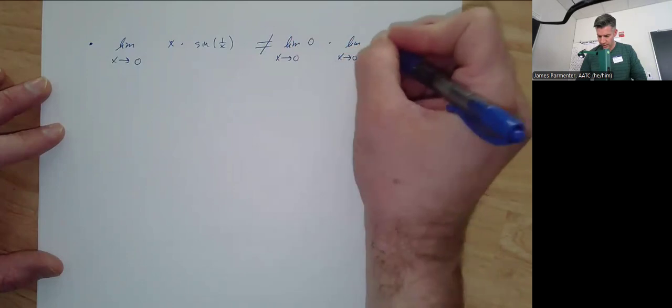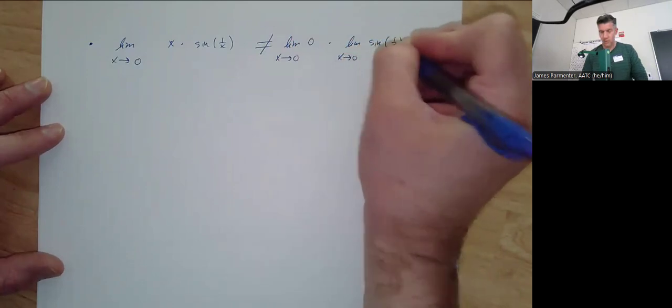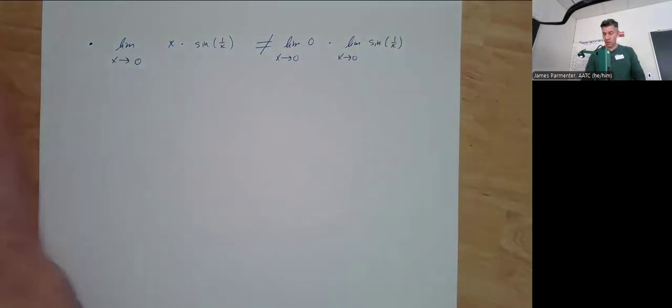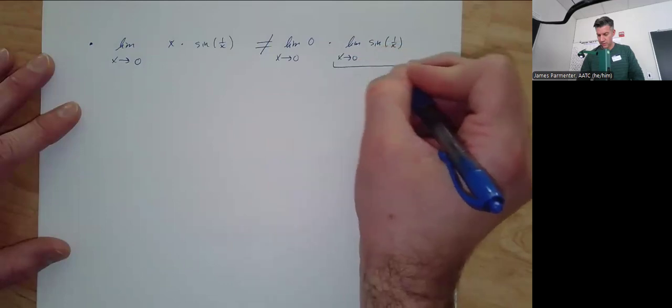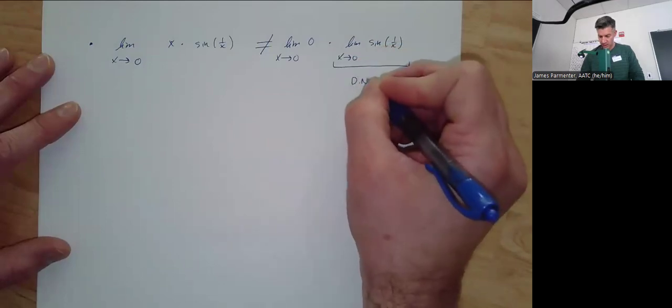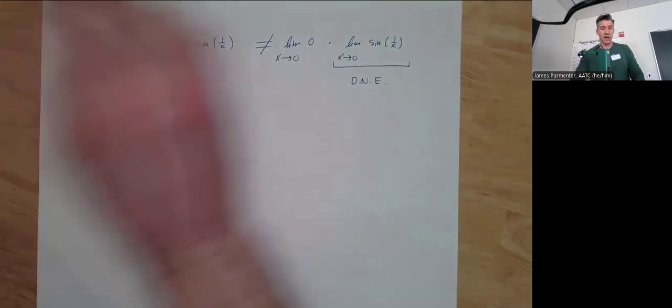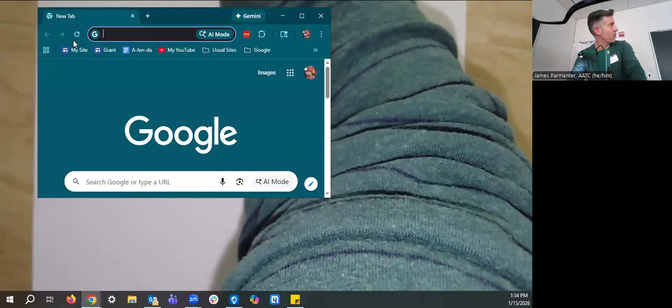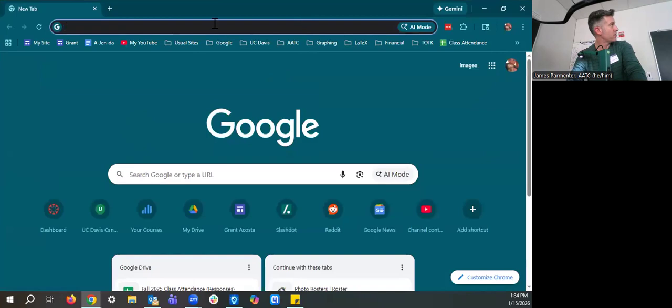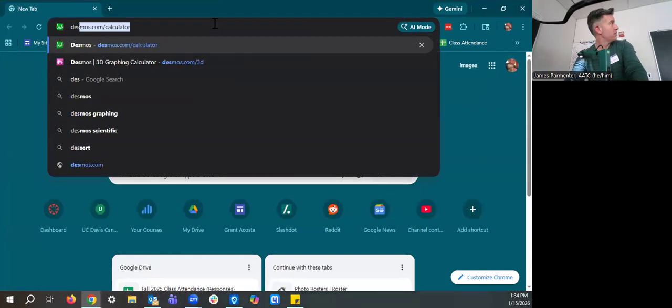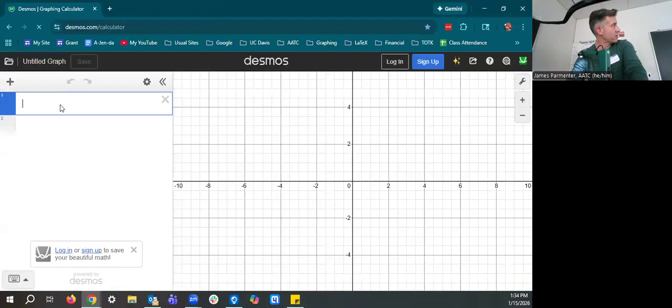Specifically because one of these limits on its own doesn't exist. The limit as x goes to 0 of sine of 1 over x does not exist. In fact, you can see that graphically. I know we talked about it last time, and I know I'm showing you again, but I think it is worth seeing one more time. So just as a reminder, if you look at sine of 1 over x, it looks super funky.